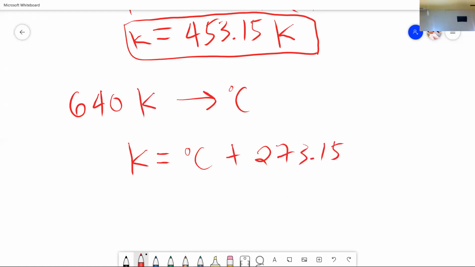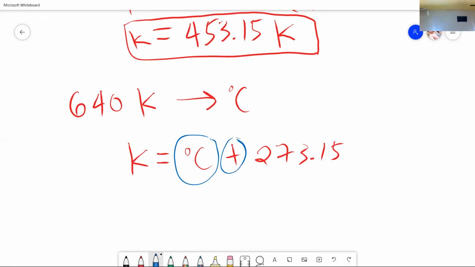We're asking to solve for degrees Celsius. Since it is plus, the opposite of plus is minus.